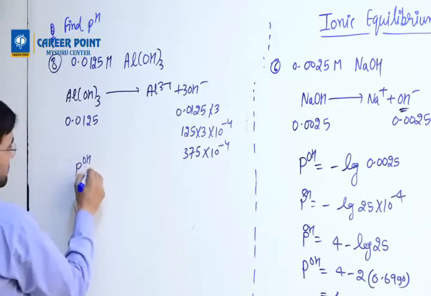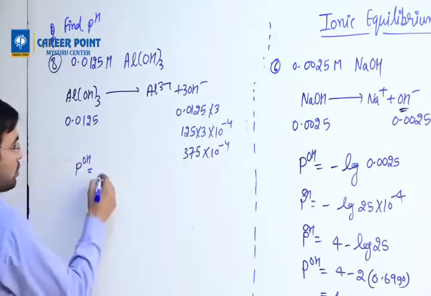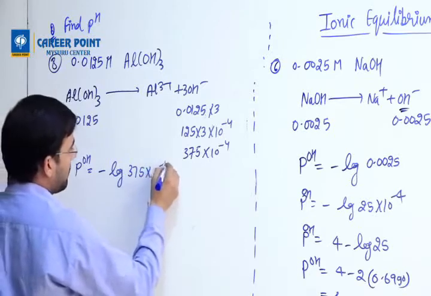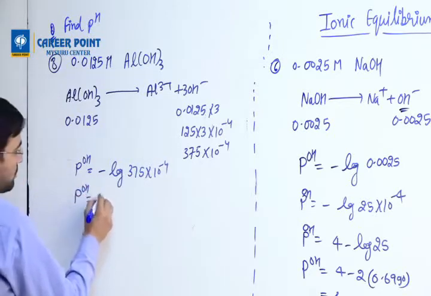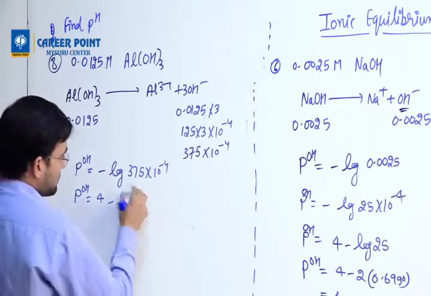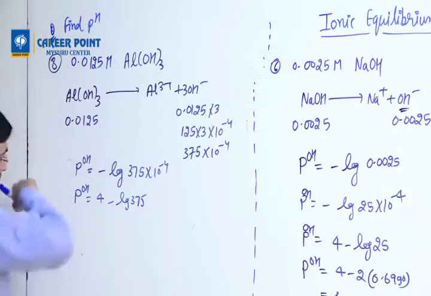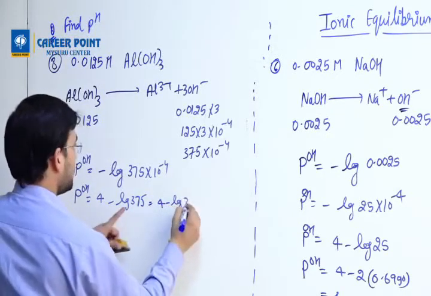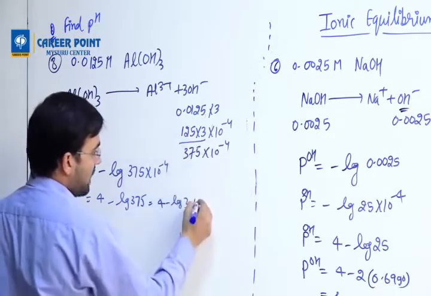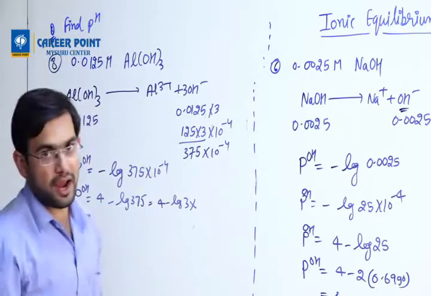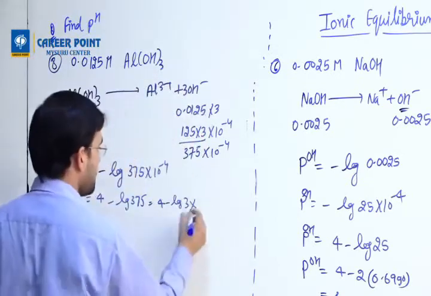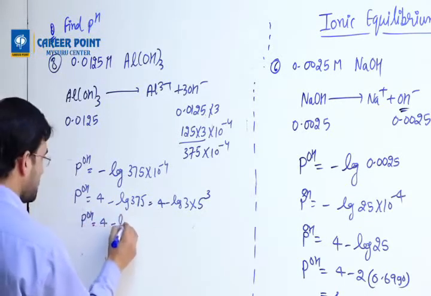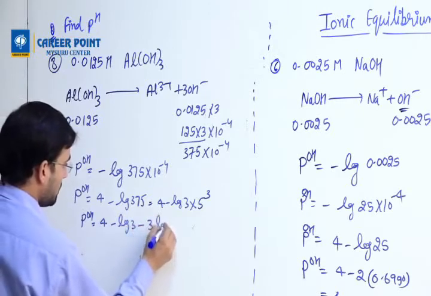So pOH, now listen up. pOH equals minus log of 375 into 10 power minus 4. So pOH equals 4 minus log of 375. This could be written as 4 minus log of 3 into 125. 125 is 5 cubed. So pOH equals 4 minus log 3 minus 3 log 5.